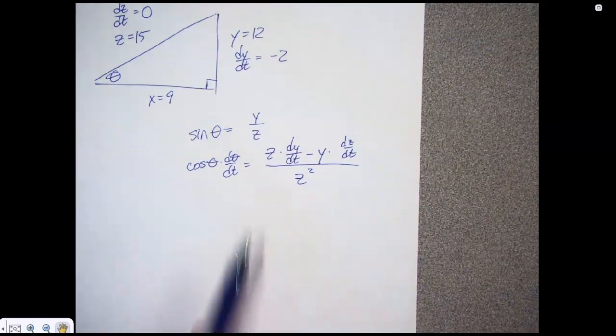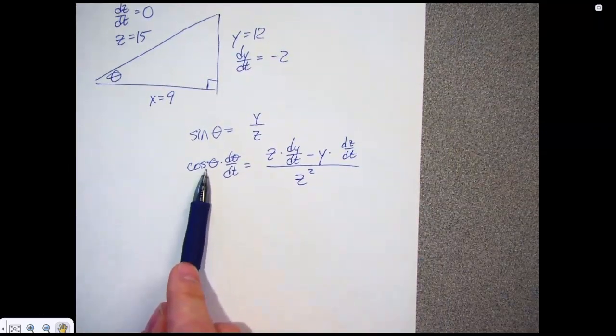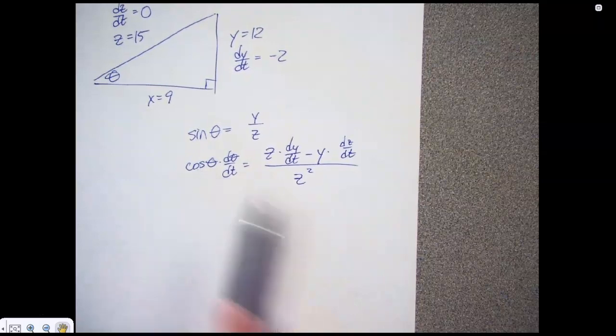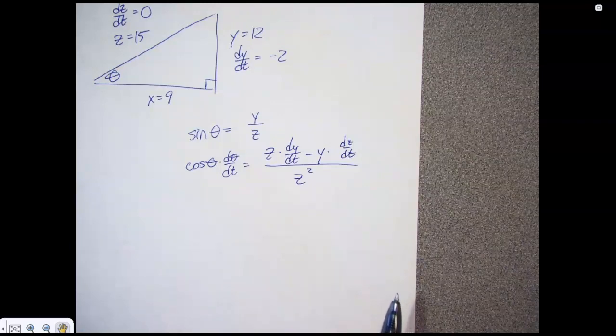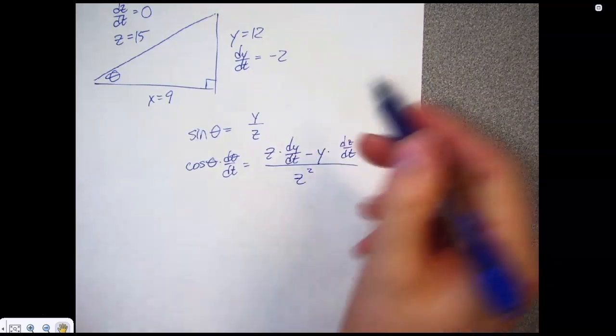But now I can plug in over here also. So what's cosine of theta? Is z constant? Yes. So why do we do the quotient rule? I'm doing a process that will always work, and I'd like to give a general method. Since z is constant, we don't really need the quotient rule.